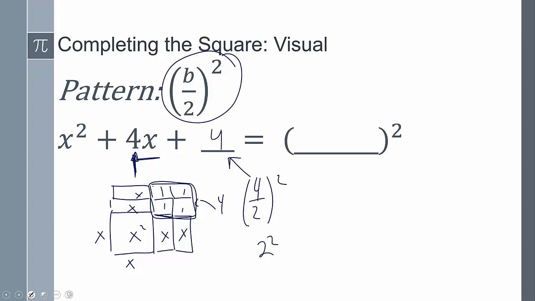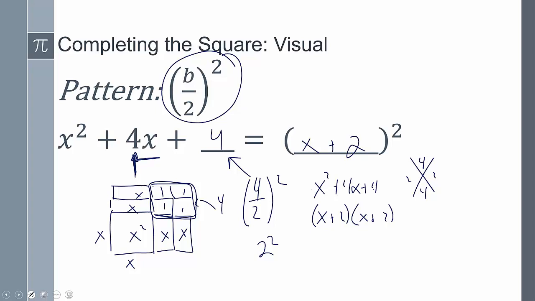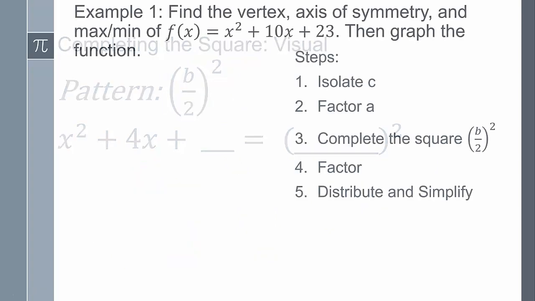And so now that it's a perfect square, this statement here can factor. If you do that whole Xbox thing, a times c is 4. Factors of 4 that add to 4 is 2 and 2. So you get x plus 2 and x plus 2, which is the same as x plus 2 squared. And so b over 2 squared allows us to complete the square.